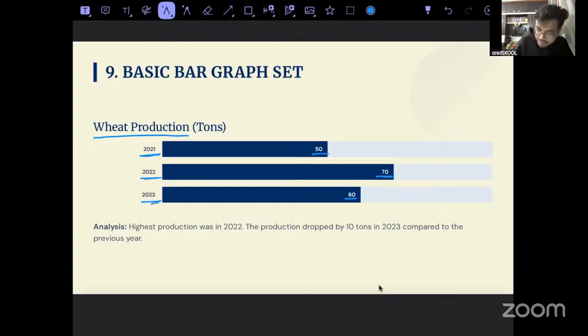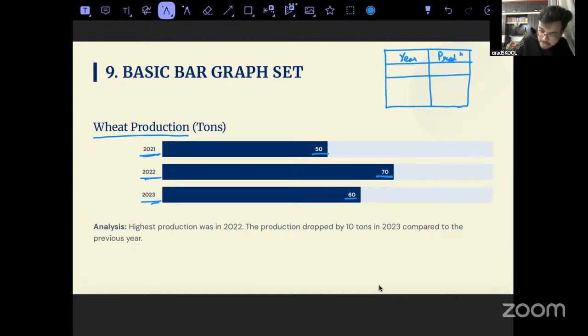Let's make a table. What I'll do in this table is write down both the things. One is year and one is production. Year is 2021, 2022 and 2023.